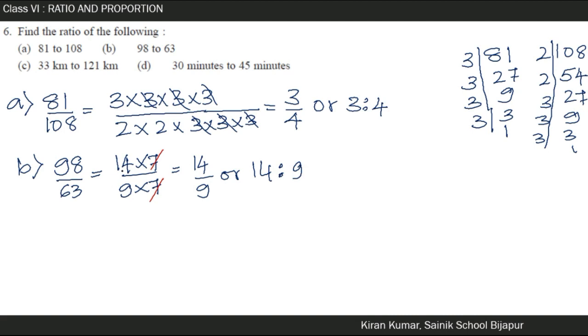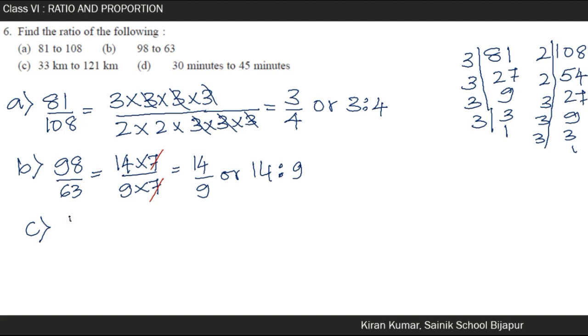I did not express it completely in terms of product of primes, but with common sense, 7 will get cancelled. We will be getting 14 is to 9.